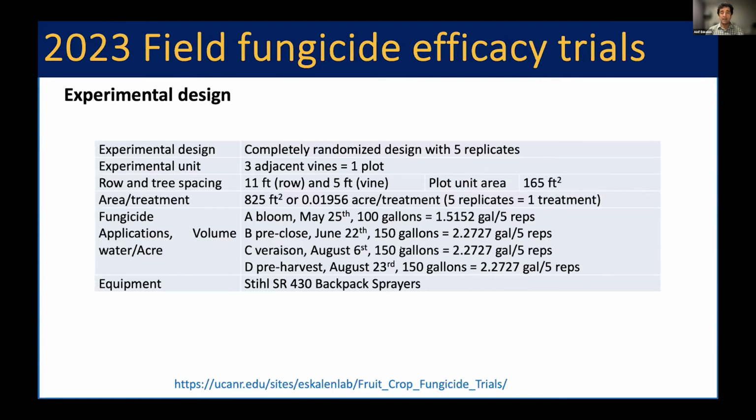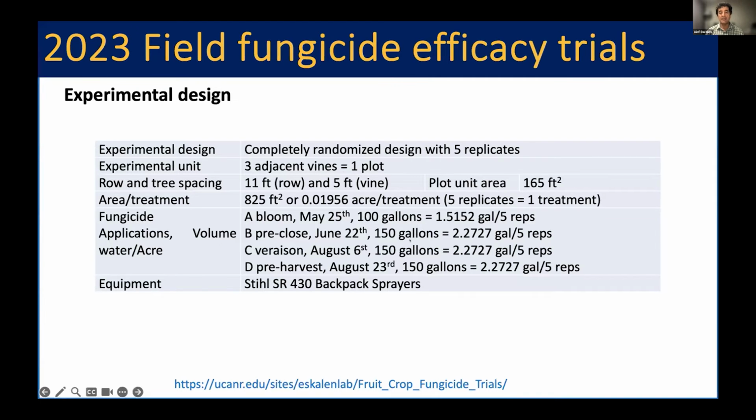We use 3 adjacent vines as one plot, and we replicate 5 times to reduce the error in the field, because you are doing the experiment in the field. There are a lot of other environmental conditions that may affect the outcome of your experiment.